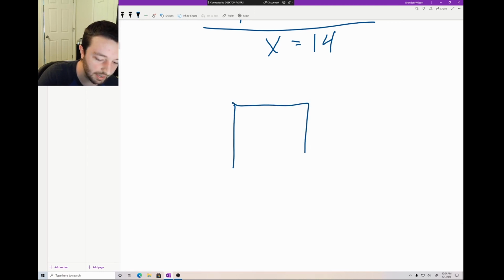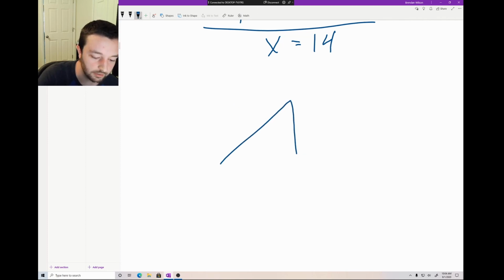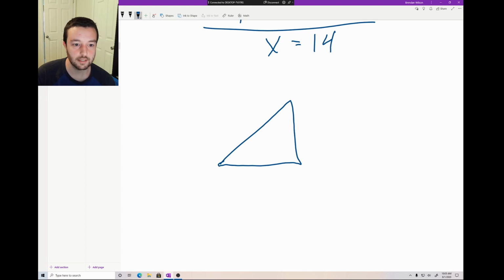For example, if we have something that's in the shape of a square, all right, let's not use a square. Let's use like a triangle where all the sides are unequal. Let's say we don't know what this side is.